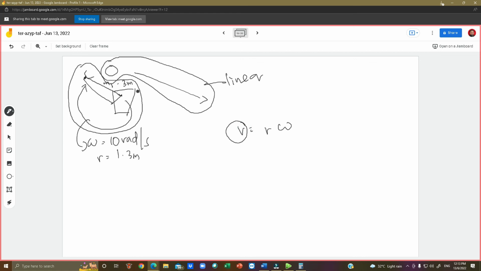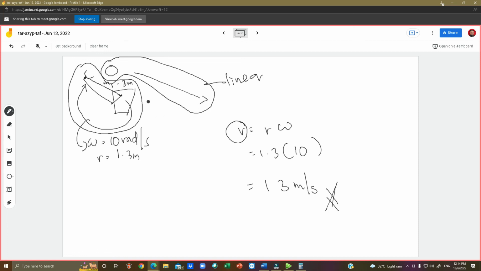That is linear. Yang dia bagi speed of the hand. So we have 1.3 times with 10. 13 meter per second. This is the speed of the ball. Nampak? Ini adalah relation between linear and angular.